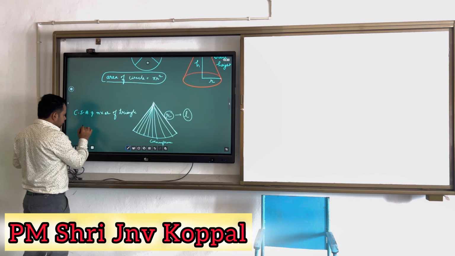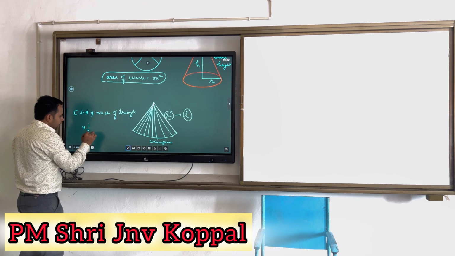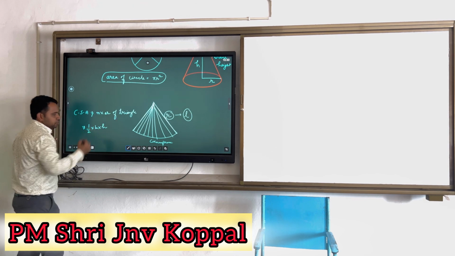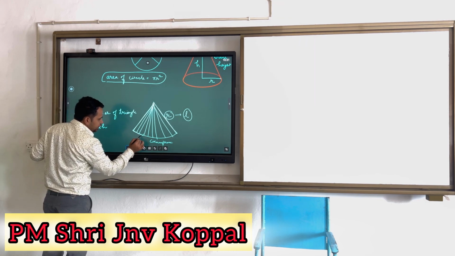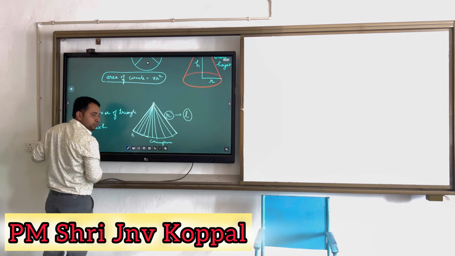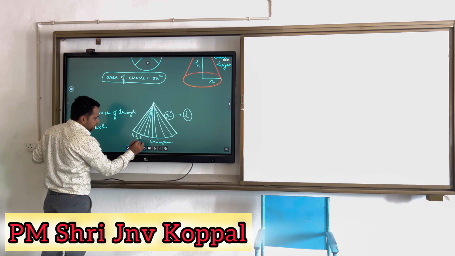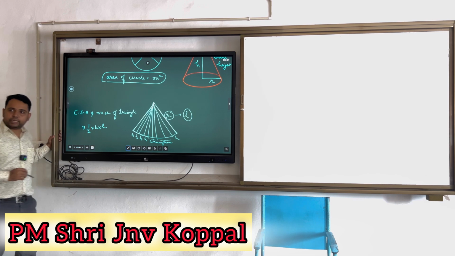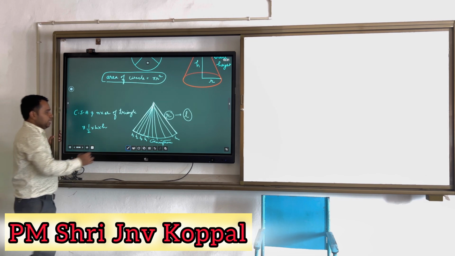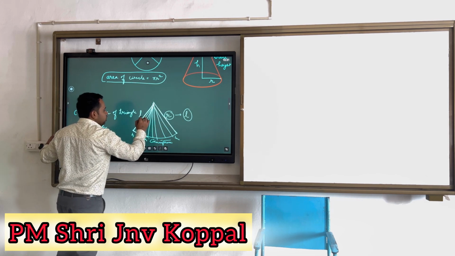So the area of a triangle is half into base into height. All the bases are changing now. I can say this one is base 1, this is base 2, base 3, base 4, and so on, and this is base n. The height is the slant height, L only.